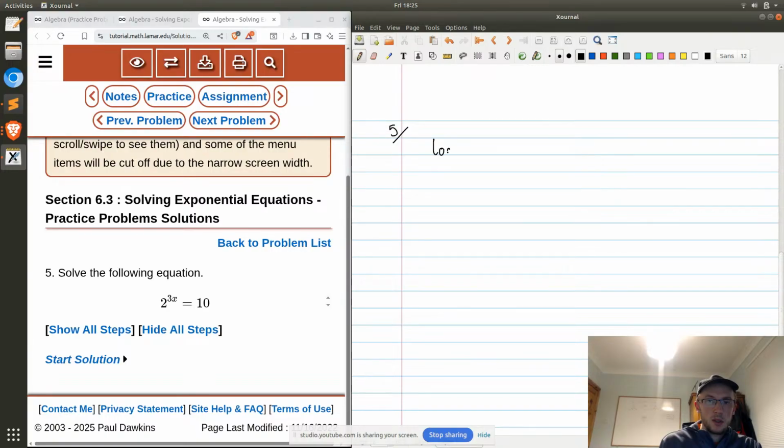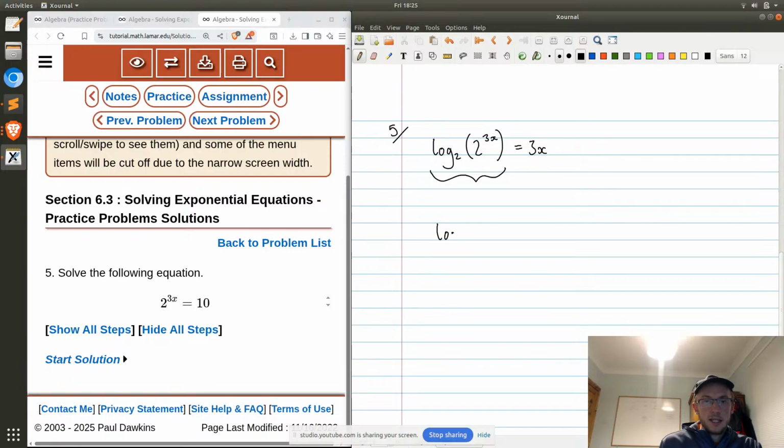So if I do log base 2 of 2 to the 3x, what is this expression saying? It's saying, to what power do I need to raise 2 in order to get 2 to the 3x? Well, the answer is obviously 3x. Right?